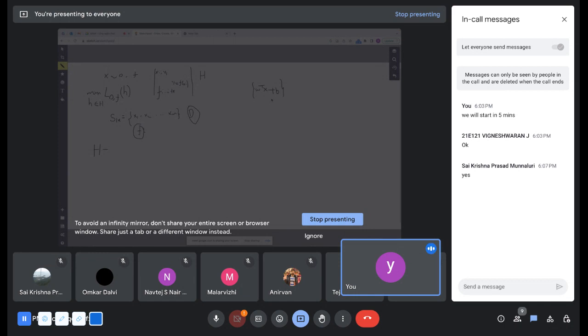If it is linear regression, your H is nothing but all the possible sets of w's and b's. Here we are only dealing with the PAC setting, that is, probably approximately correct.